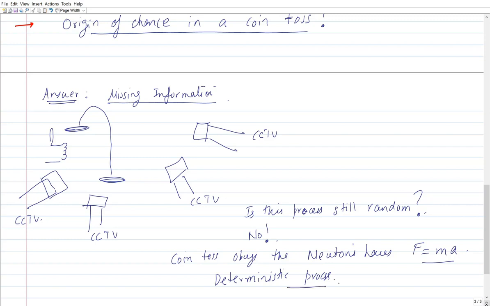Whatever was the apparent randomness of a coin toss was because of my ignorance. I didn't know the torque I applied on the coin. I didn't know the pressure exerted by the air, the velocity of the air molecules, and so on and so forth. And hence, assuming it was a fair coin, I said, okay, half the times roughly it's going to be heads, half the times it's going to be tails.